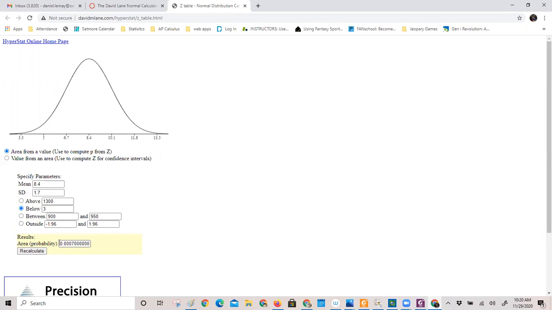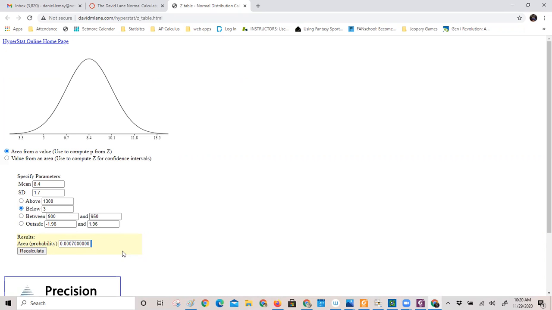And that will be a pretty small area. Practically, really, that's practically 0, isn't it? So I would write down 0.0007. This is the probability. So we could say 0.07. You could say practically 0 also, because that's a pretty small number. So that would be B.